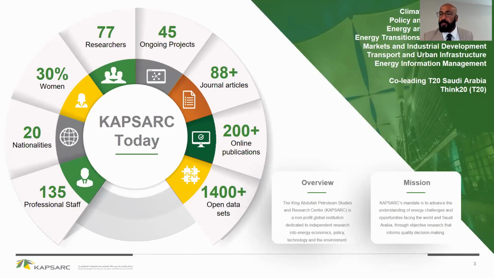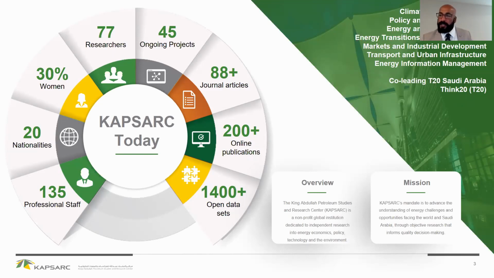So CAPSAR, we are around 80 researchers from 23 countries located here in Riyadh, in Saudi Arabia. At any given point of time we work on 40-45 projects, as you see on the right side top, from various programs: climate, energy macroeconomics, energy transitions, which is essentially electricity consumption demand, market industrial development, urban infrastructure and transport.